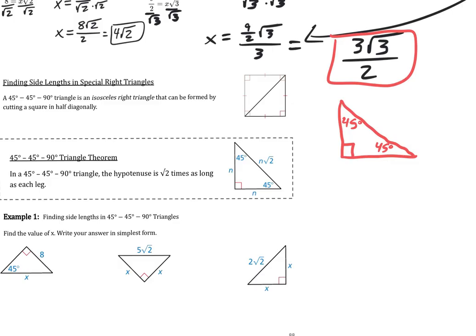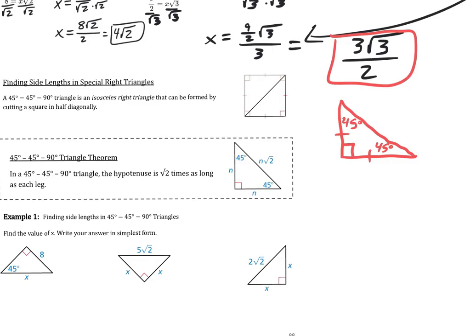You got to have a 90-degree angle, which is what we're going to see over and over and over again for the next couple of weeks. But specifically, this one has 2 45-degree angles. So what kind of triangle would we have here? What do we call this triangle? Isosceles, good. Because we have 2 angles that are the same, we know these 2 sides are the same.